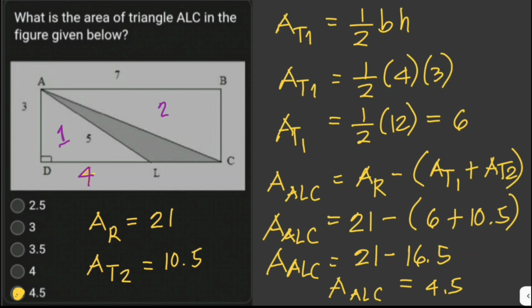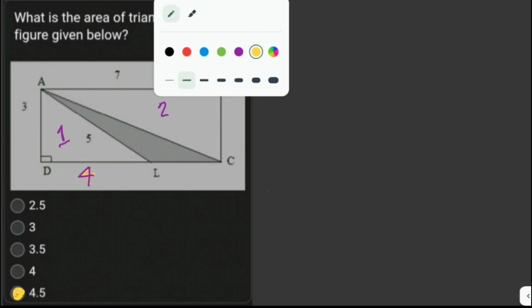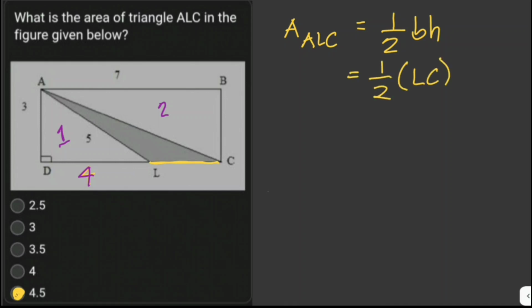Now let's try the other method. We would get the same answer. So area of triangle ALC is just equal to 1/2 base times height. So the base here is this one, the length of LC. So that would be 1/2 the length of LC times the height, which is AD.